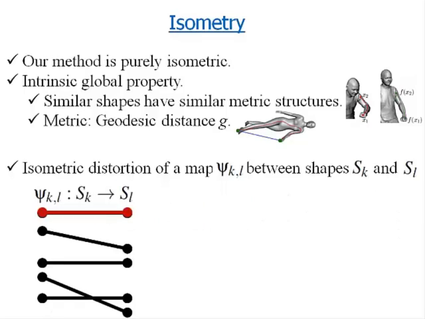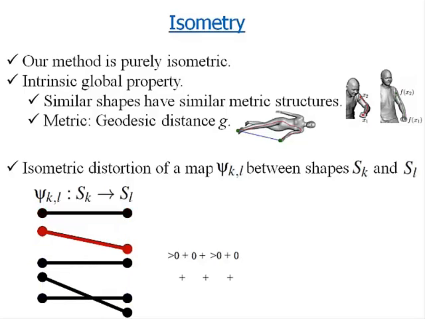So if I have a map from SK to SL, SK on the left, SL on the right, to find out how much this mapping deviates from isometry, I traverse the red guy over the black meshes, and here there is non-zero difference of geodesic distances. Here zero difference, non-zero, and zero.